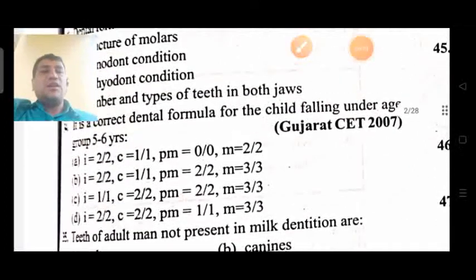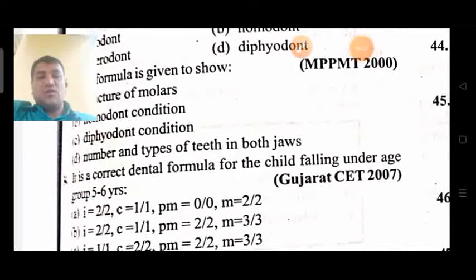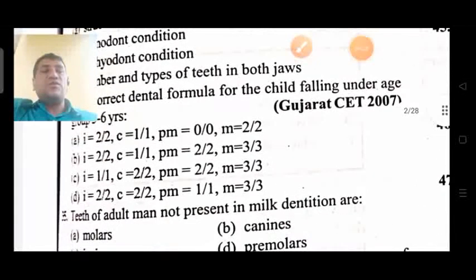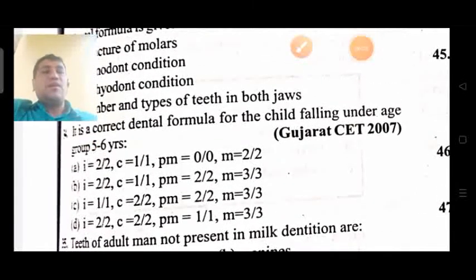Next, 34th question. What is the correct dental formula for a child under age 5 to 6? Child means temporary teeth. So 2102 is the answer for that.